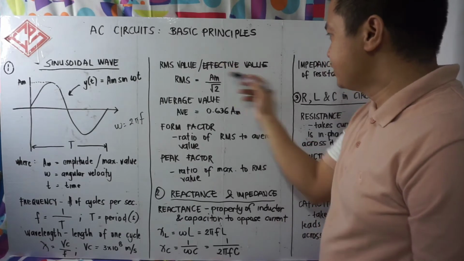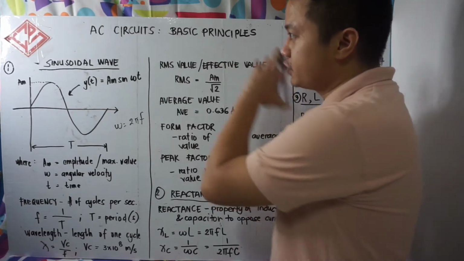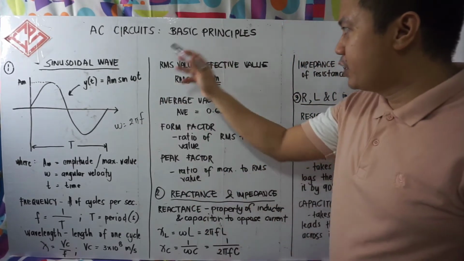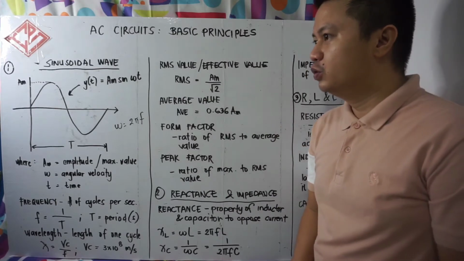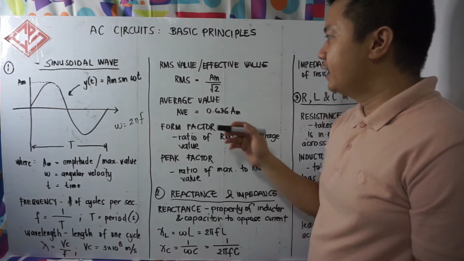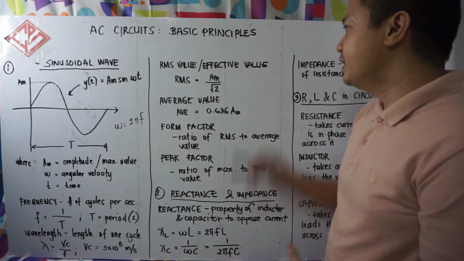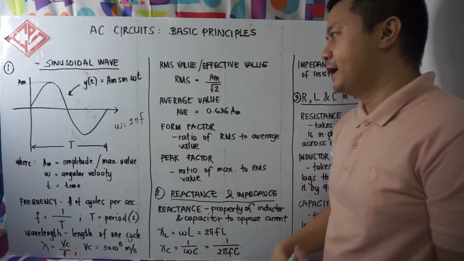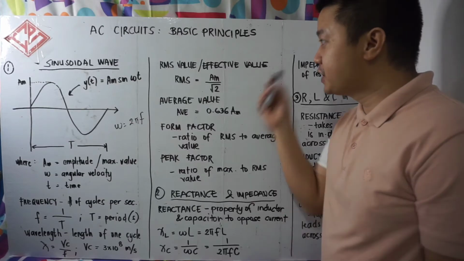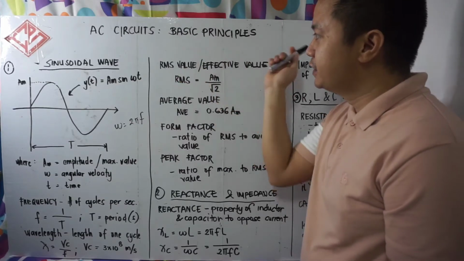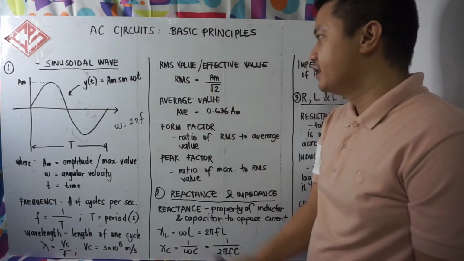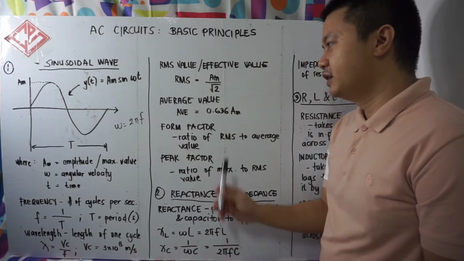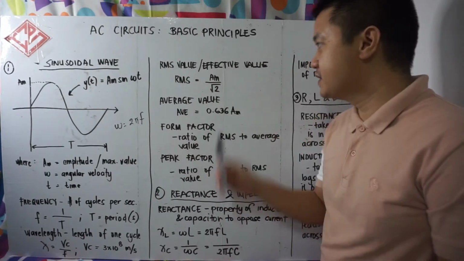For your RMS value or the effective value of your sinusoidal wave, this is equivalent to the DC. This RMS value is the value in which your energy consumption for this wave is equal to the DC. So this is the RMS.